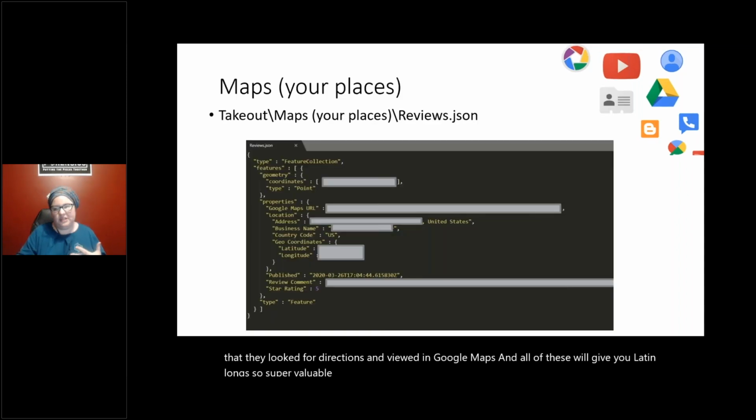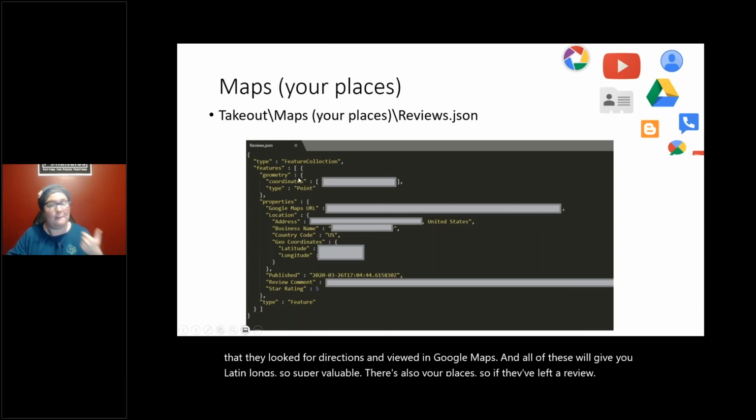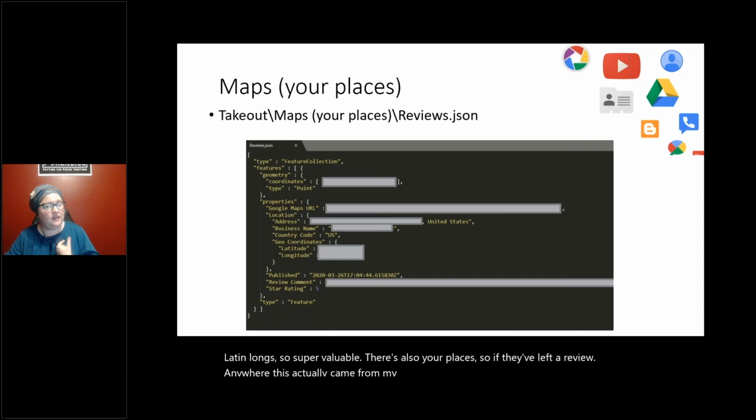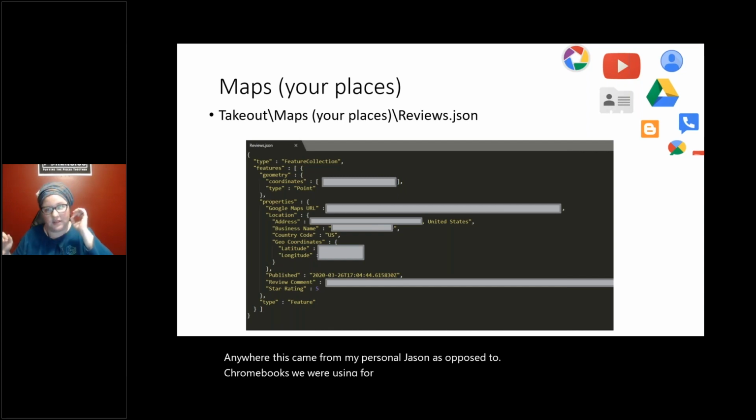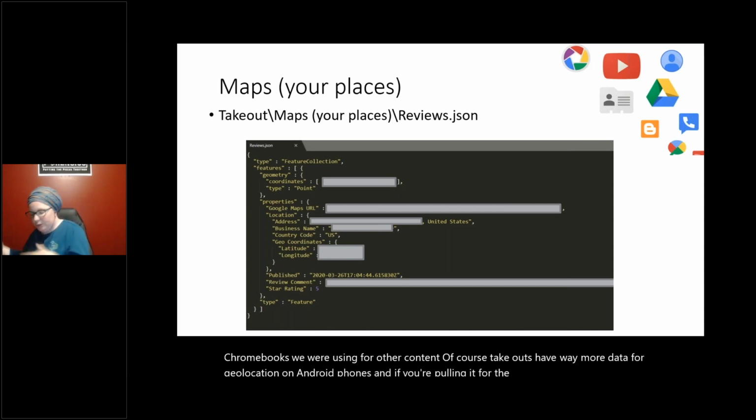There's also your places. So if they've left a review anywhere, this actually came from my personal JSON as opposed to the Chromebooks we were using for other content. Of course, takeouts have way more data for geolocation on Android phones, and if you're pulling it for the whole account and they have a mobile device, you'll see that.